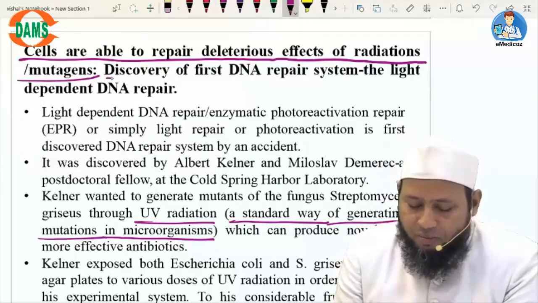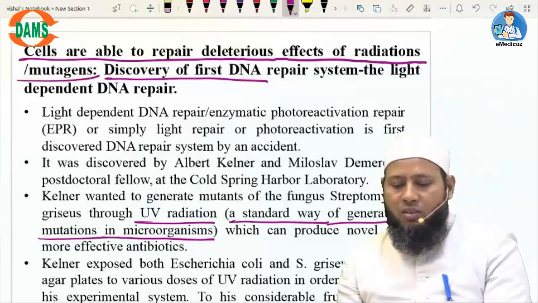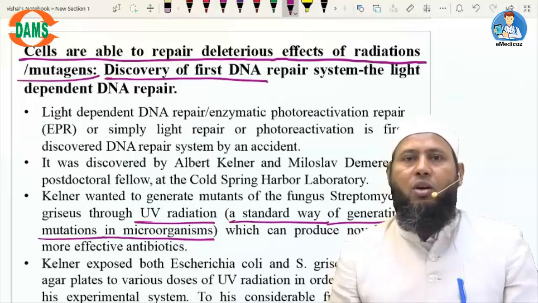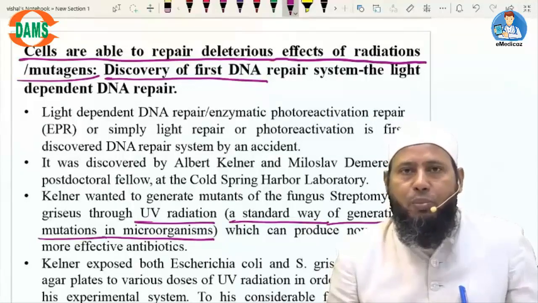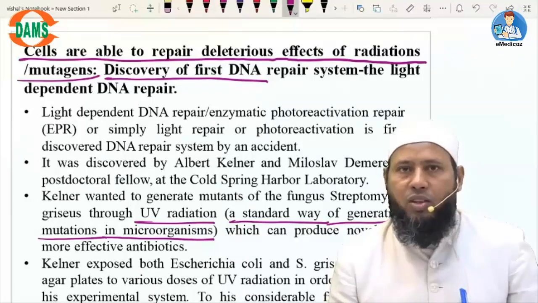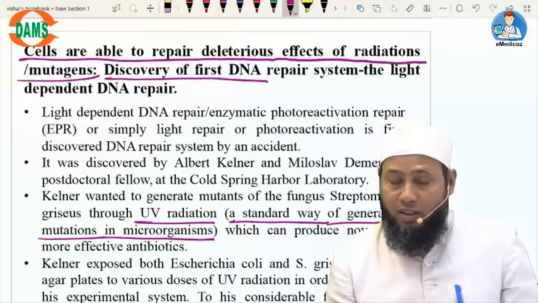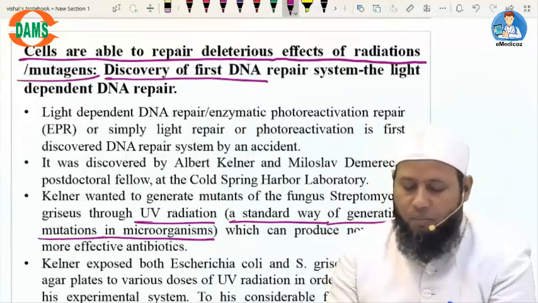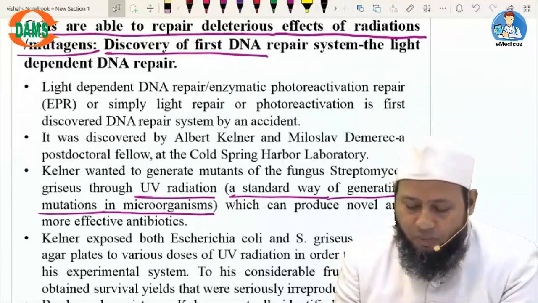From this the scientists concluded that since the cells are able to repair or overcome the deleterious effects of the mutagens or radiations, there must be some kind of repair pathway which repairs the DNA damage done by these mutagens or radiations. So they started to think that inside the cell there is some kind of repair machinery or repair system. How did this first discovery come?